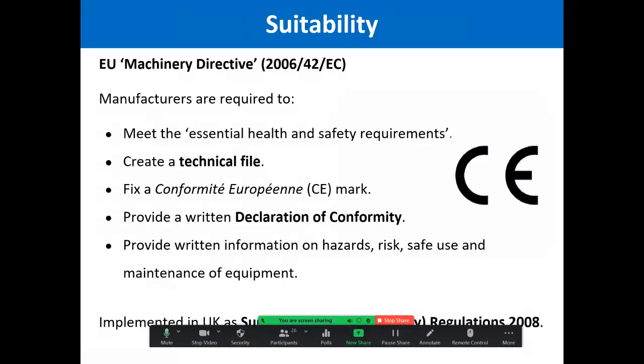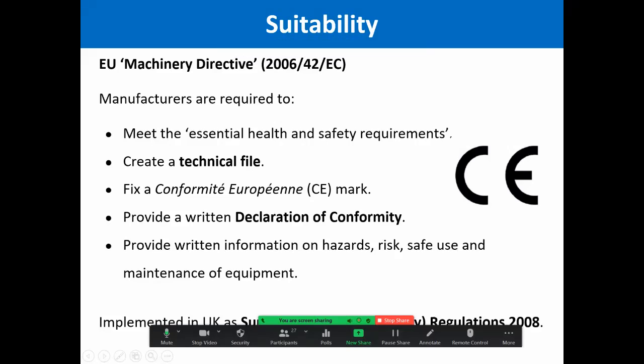How will we make sure that the given equipment is suitable for the activity we are doing? The best thing is to look at the manufacturing standards. You need to understand which standards this machine or equipment has been manufactured to, what the instructions of the manufacturer are, and where that machine is supposed to be used.